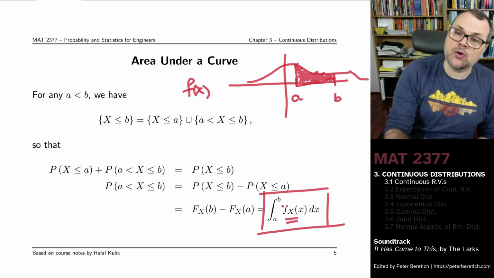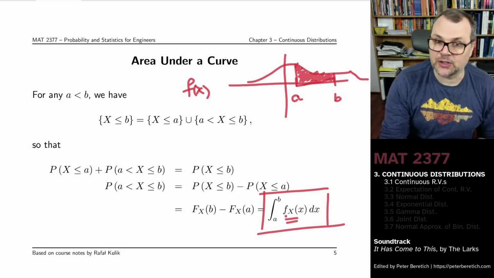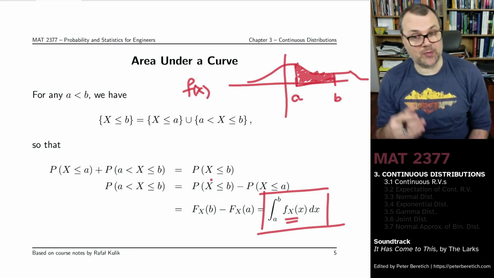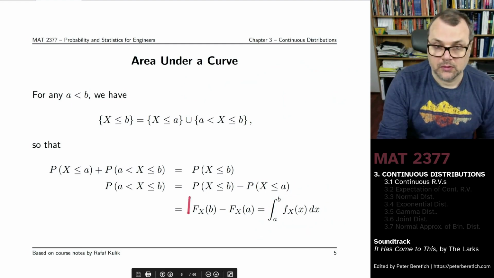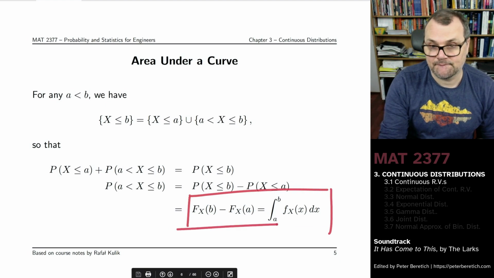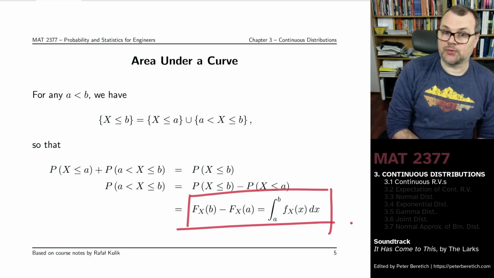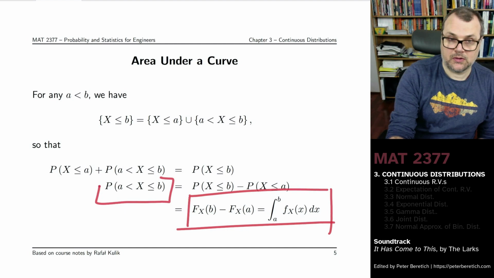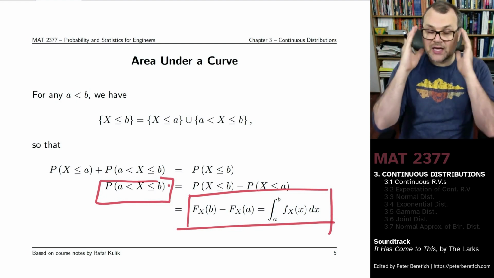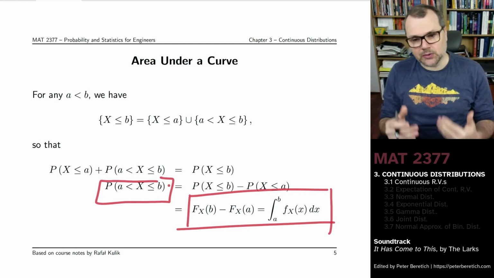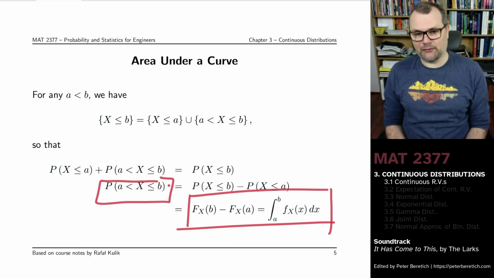And because we know that this little f is the derivative of big F, that the PDF is the derivative of the cumulative distribution function, then we can use the fundamental theorem of calculus this way. Okay. So when we want to compute the probability that x will take on outcomes between two values a and b, all we need to do is to compute the area under the PDF between a and b.